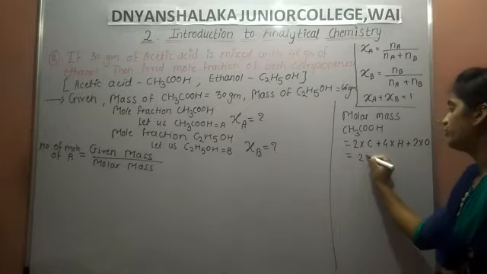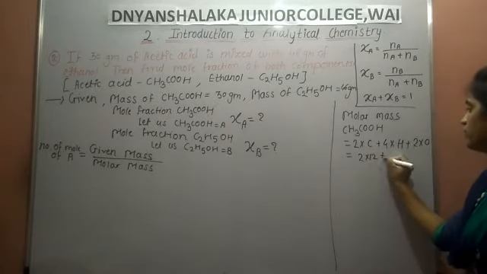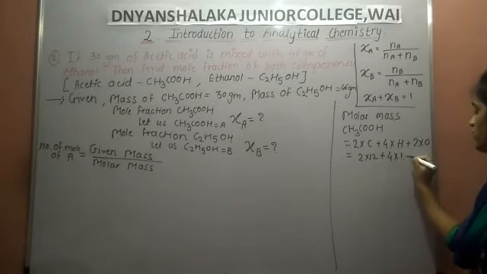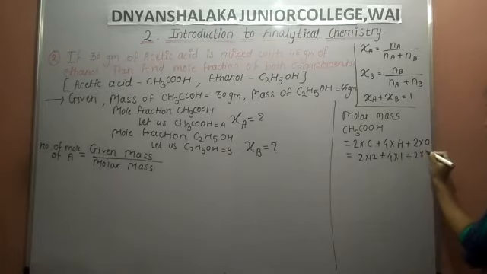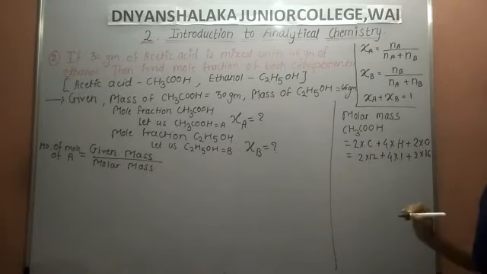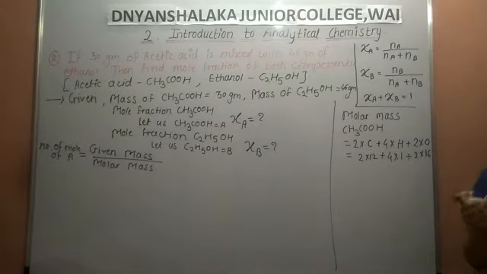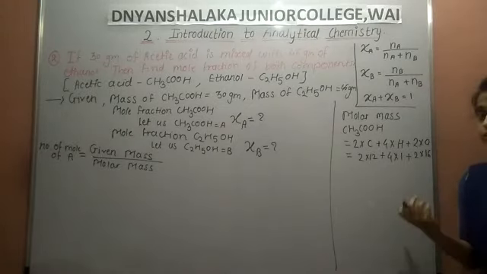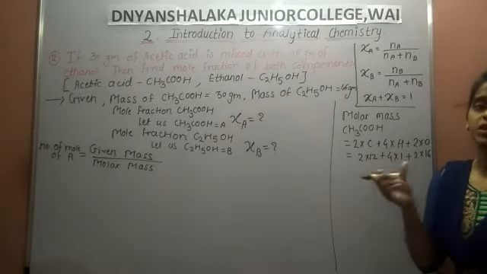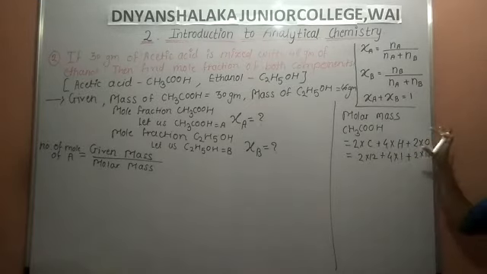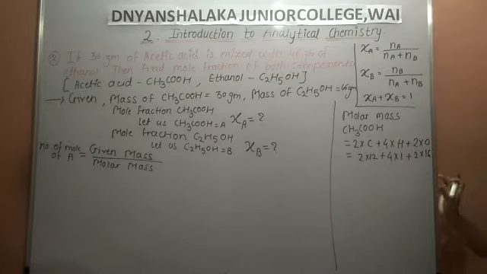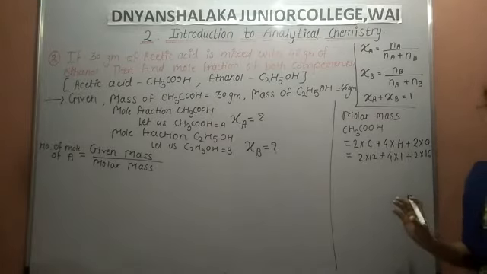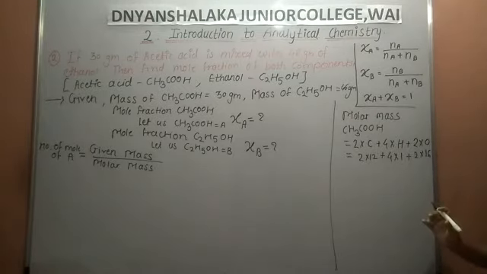So 2 into 12, plus 4 into atomic mass of hydrogen 1, plus 2 into atomic mass of oxygen 16. In the first or second topic, we learned the atomic masses of up to 20 to 30 elements. Using these atomic masses, we calculate the molar mass, formula mass and molecular mass of different compounds.